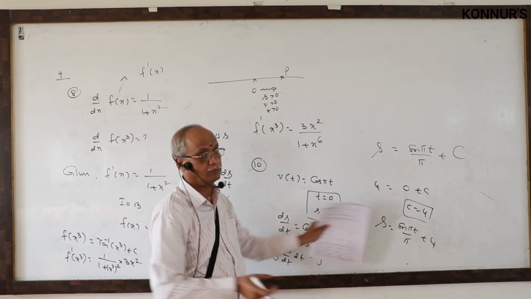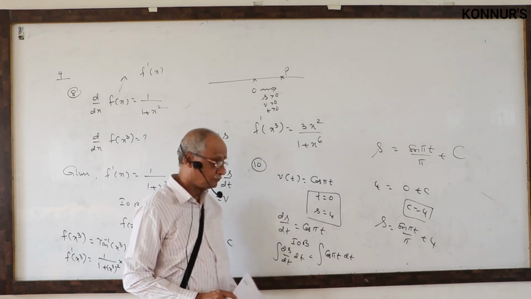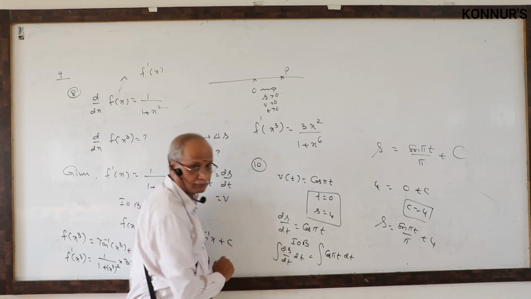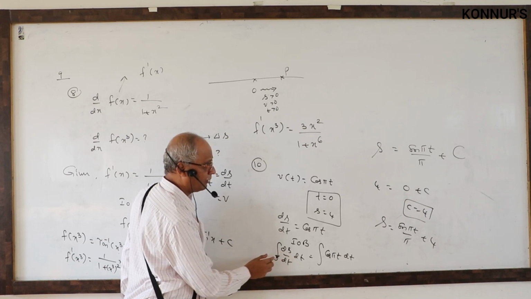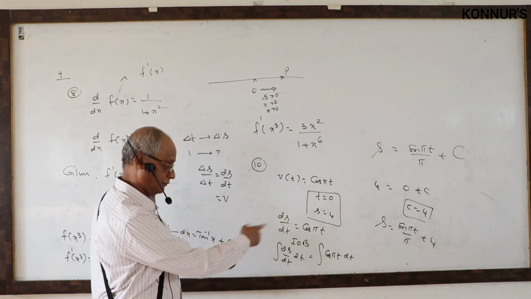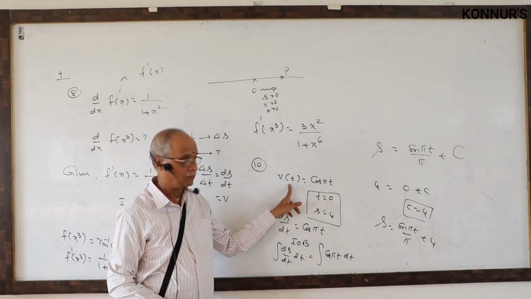Third option. This is called the position function. Position means distance. In other words, dt cancels, integral and derivative are anti-operators. Therefore, it becomes this. Finally, what is our subject? They gave me the velocity function.